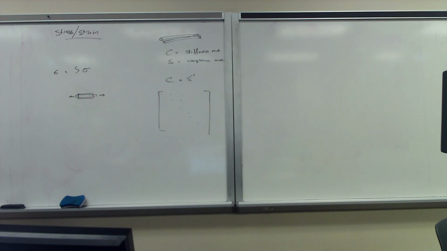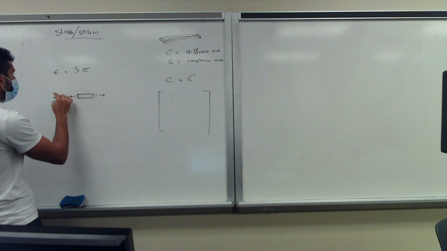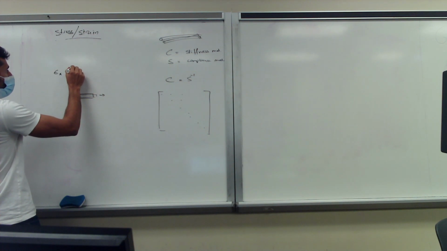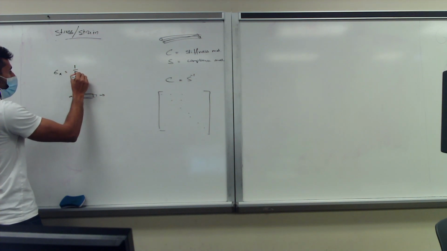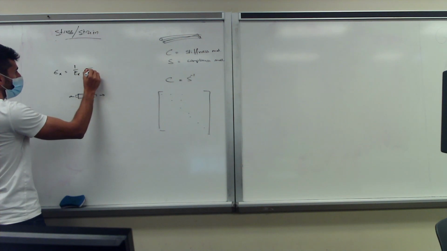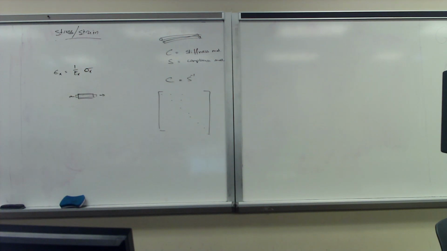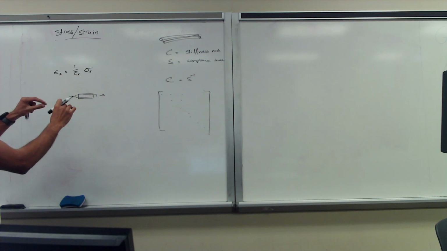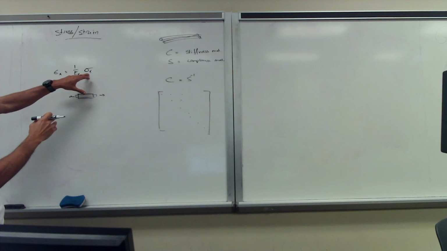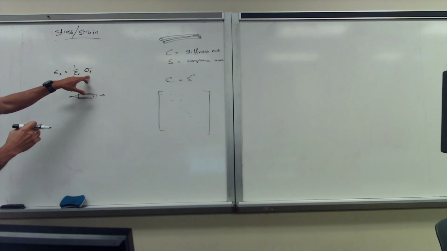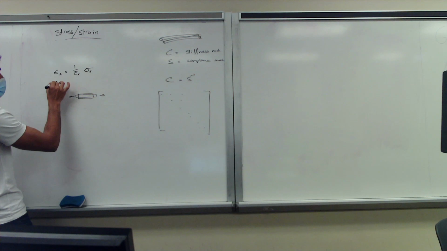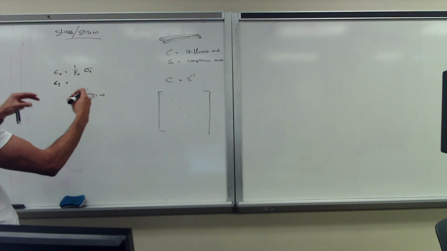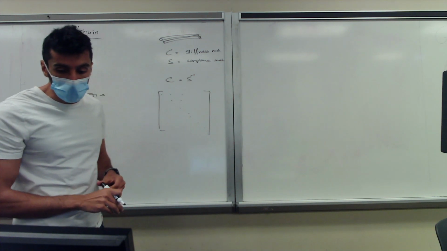They noticed that if I have my sigma x, that's 1 over Young's modulus in x times the stress in x, and even though I only have a force in x and therefore no direct correlation between sigma x and the y direction, I will have some strain in y as well. The strain in y comes from the fact that if I elongate in one direction, I will shrink in the other direction.